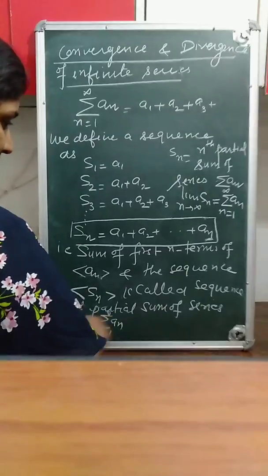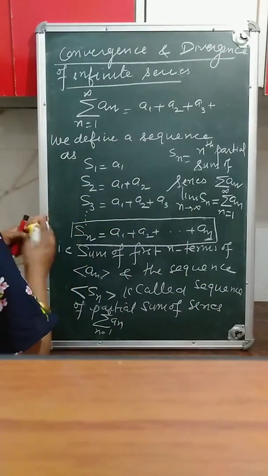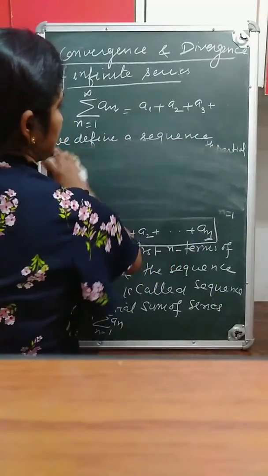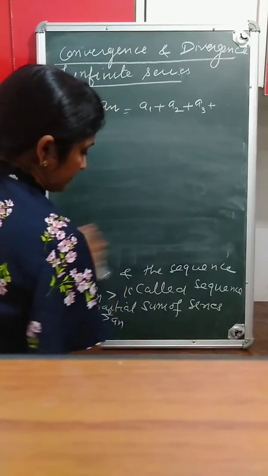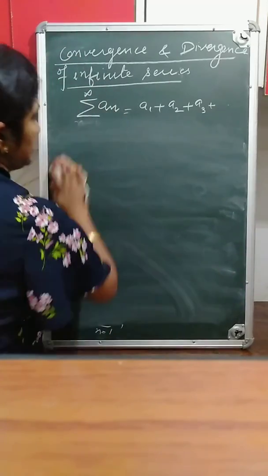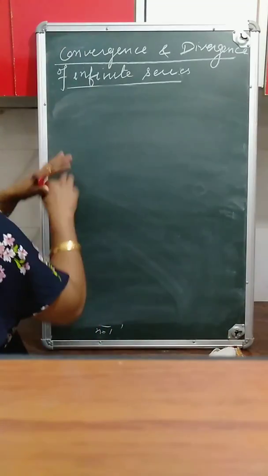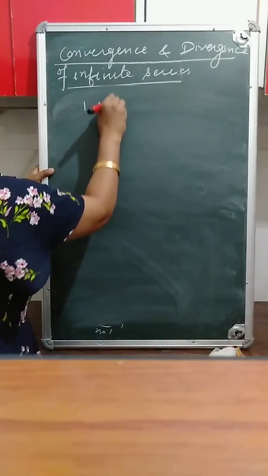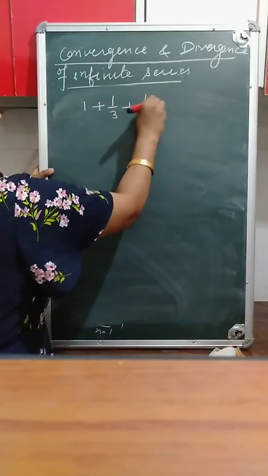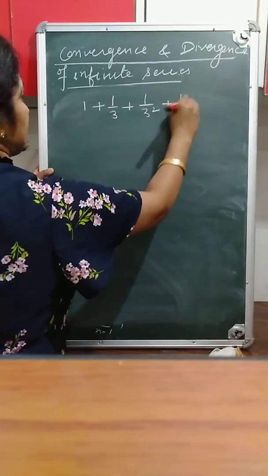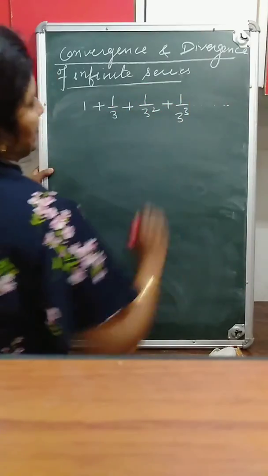So, let us have some examples. For example, consider the series 1 plus 1 by 3 plus 1 by 3 square, 1 by 3 cube and so on.